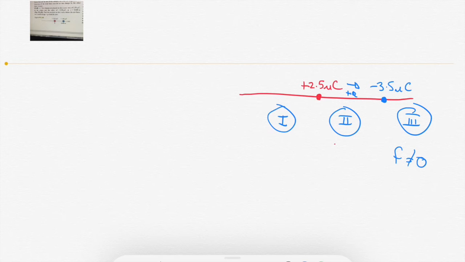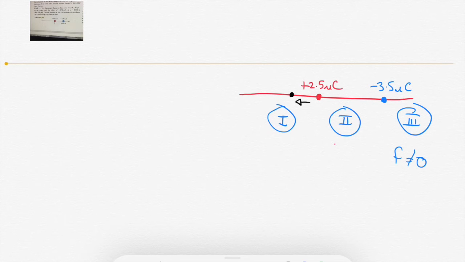So the last region we want to look at is the region that I've labeled 1 there. Now in region 1, the minus 3.5 microcoulomb charge is pulling it towards us, and the plus is pushing it away from us. And the idea is, if you think about the way that's set up, there's going to be some point in space here where we're close enough to the plus 2.5 microcoulomb charge that it's pushing us away, and we're nice and close to it, so it's feeling a strong force from that push.